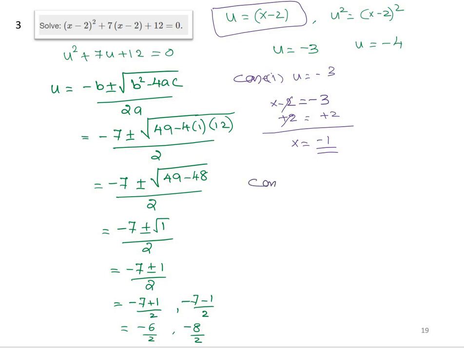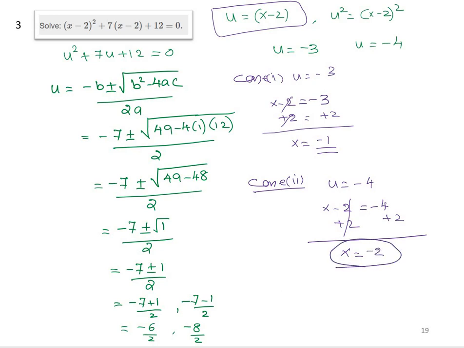Now case 2, u equal to negative 4. So x minus 2 equal to negative 4, plus 2 on both sides. Cancel out. x is equal to negative 4 plus 2, negative 2. See? So the equation is actually a quadratic.